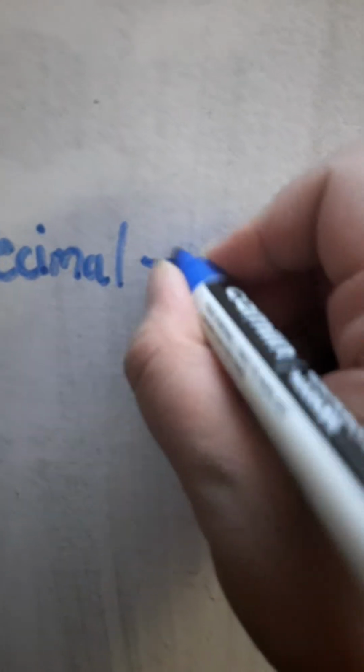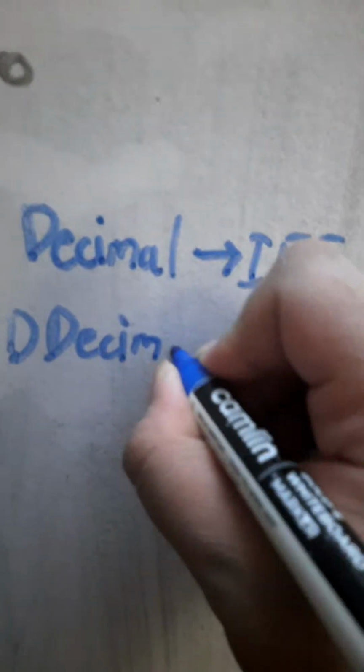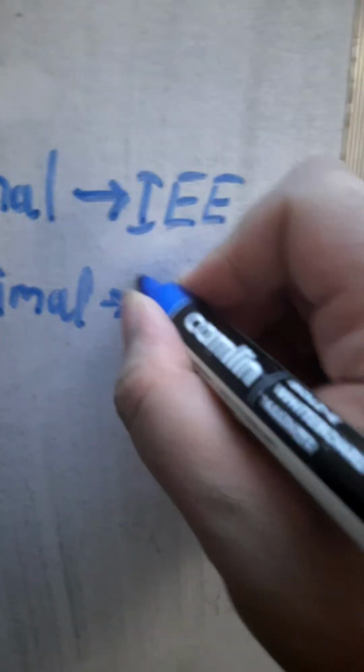Decimal to IEEE, how to do that? First, you have to convert decimal to binary. Decimal to binary, how to convert that?